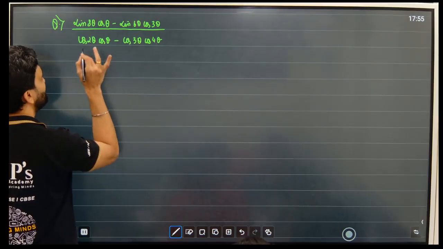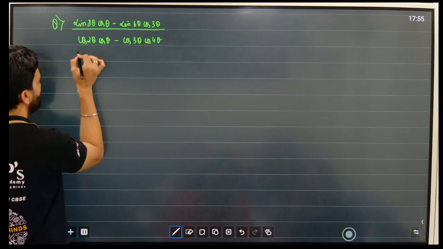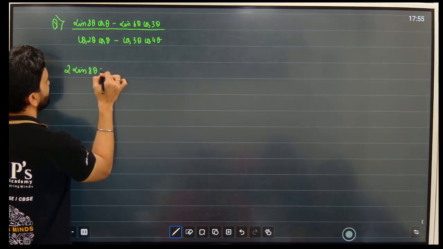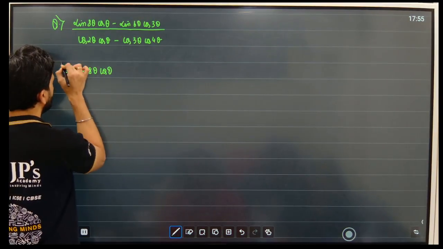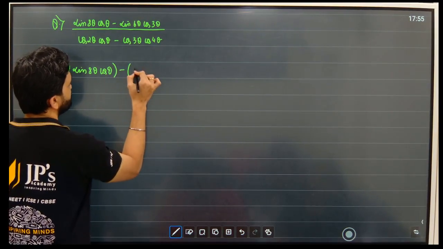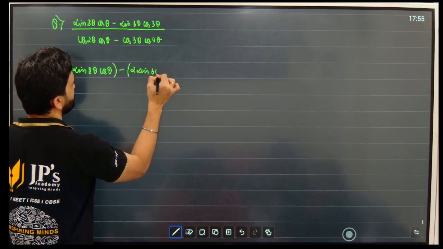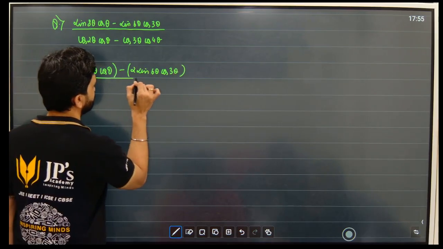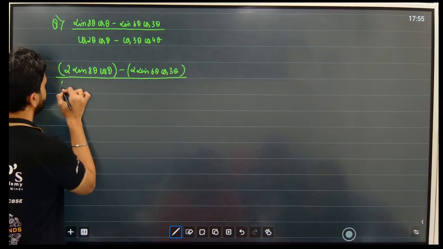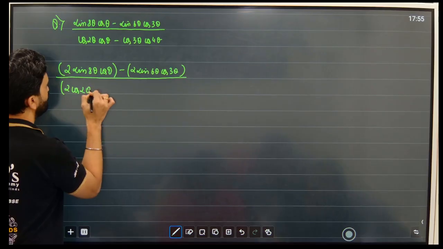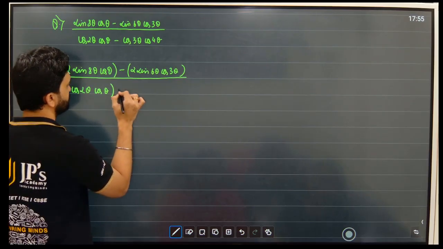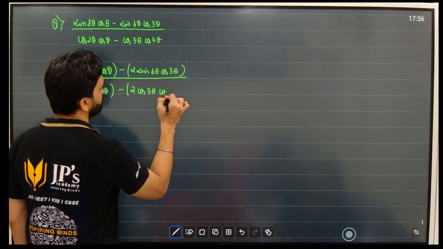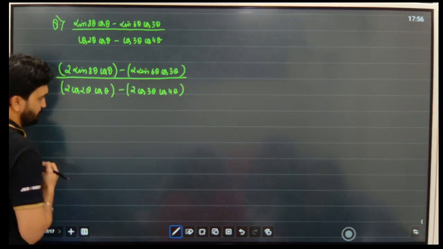Now what I'll do is I'll multiply the numerator and denominator by 2, and it will become 2 sine 8 theta cos theta, first formula, minus 2 sine 6 theta cos 3 theta, the whole upon 2 cos 2 theta cos theta minus 2 cos 3 theta into cos 4 theta.